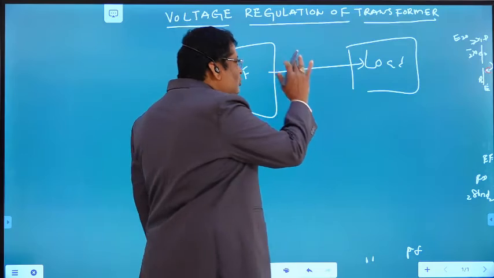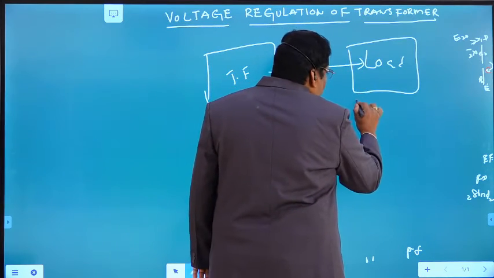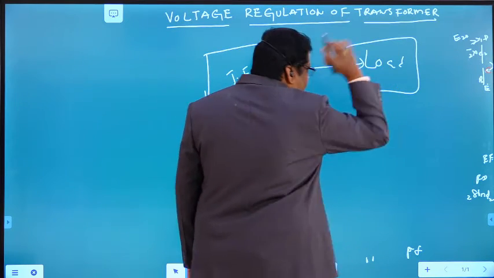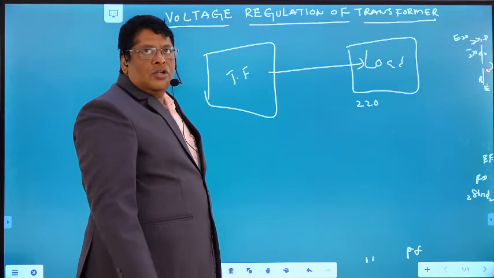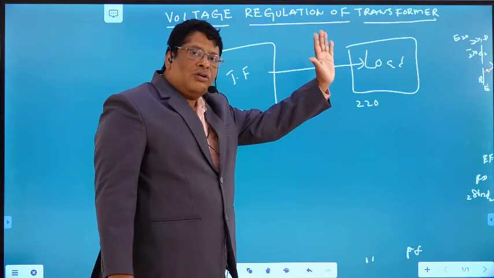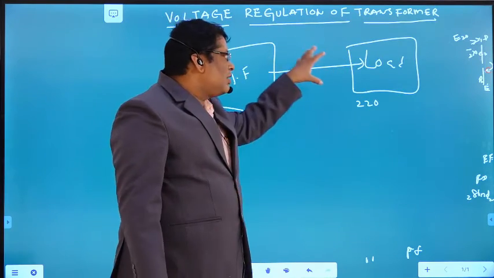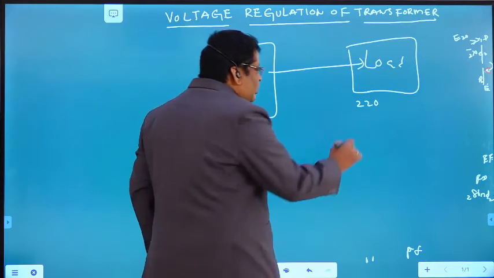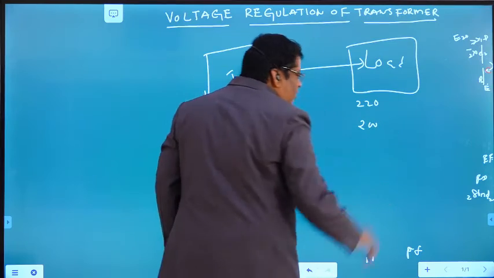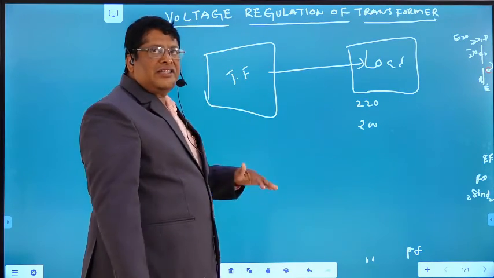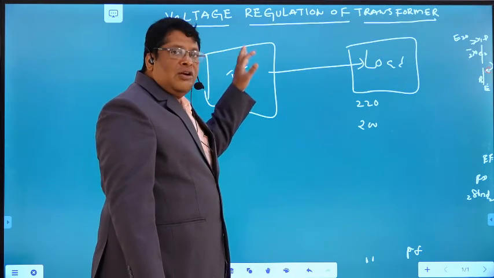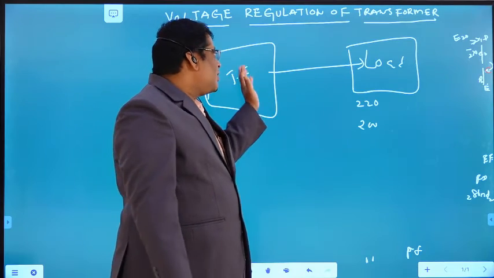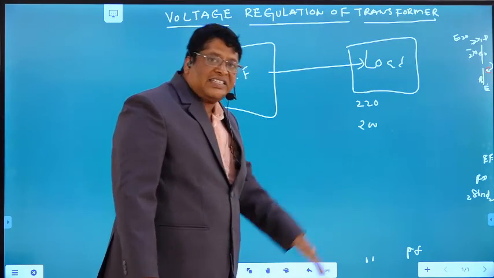Suppose all these loads are single phase loads, and 220 volts is required for all loads. Up to a certain value of load, the voltage given by the transformer is sufficient for the load, that is, up to 200 it is okay. If we further increase the load on the transformer, the voltage given to the load decreases drastically.